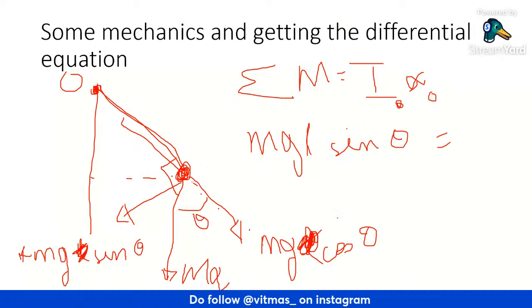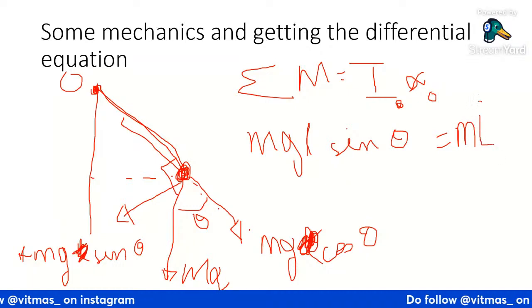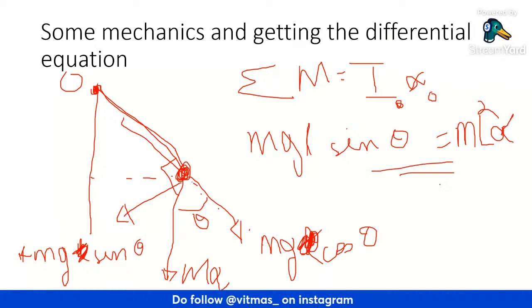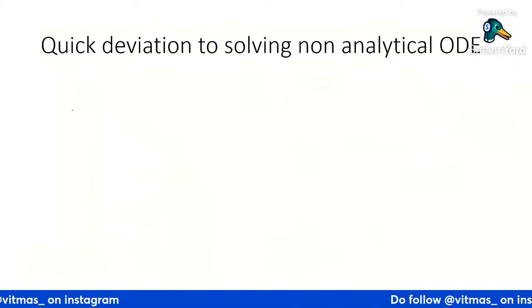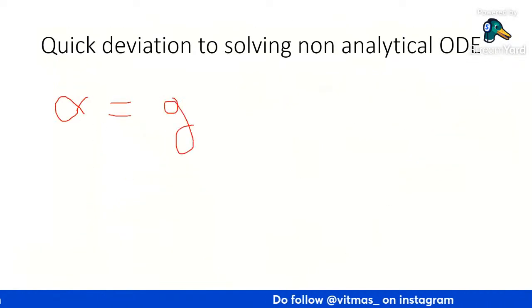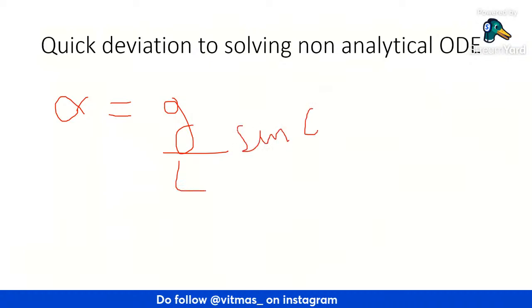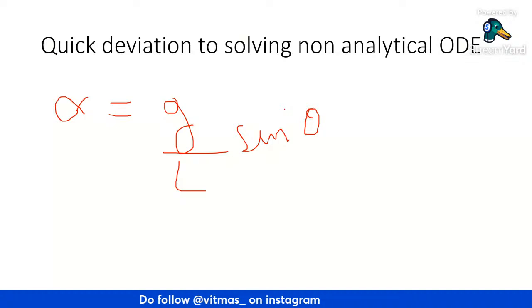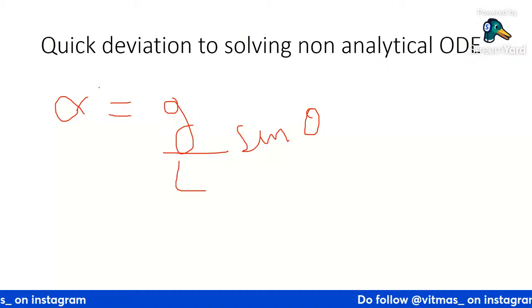Continuing. So the torque is mgL sin theta, and the moment of inertia is mL squared times alpha, right? Cool. So when we simplify, alpha is equal to g by L sin theta.